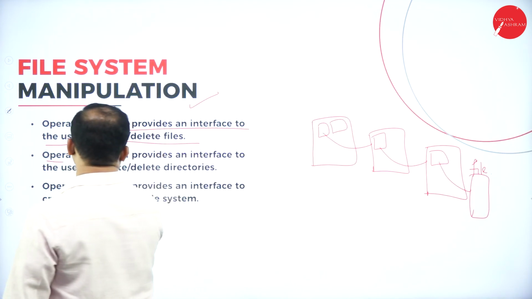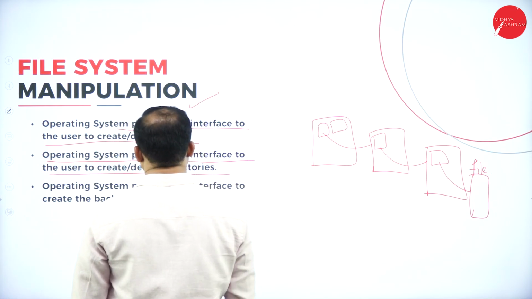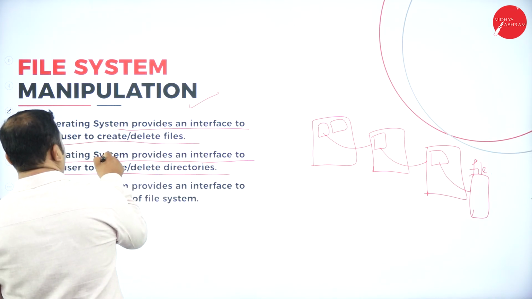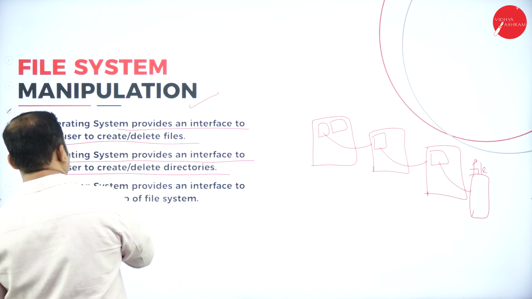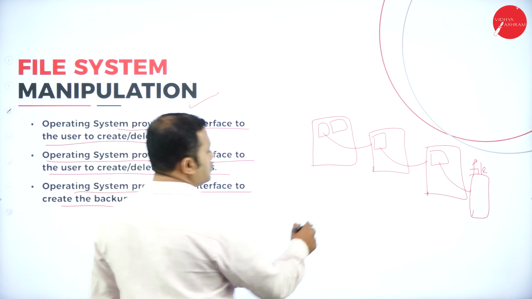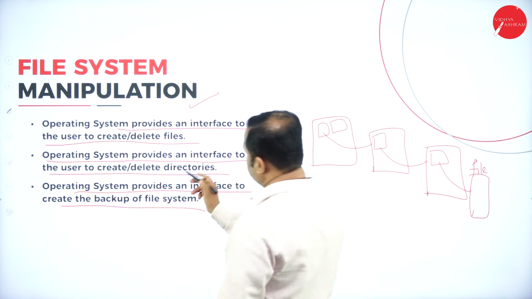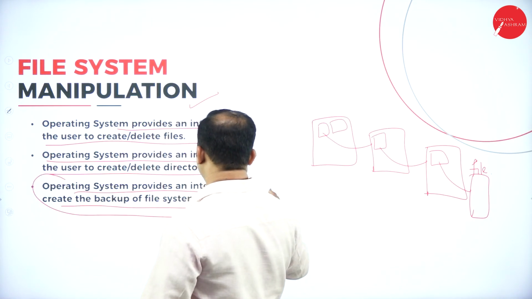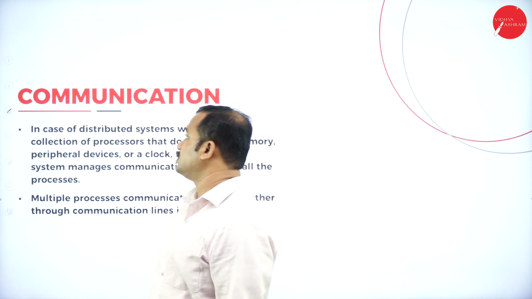The operating system provides an interface to the user to create or delete directories. Then create and back up the file systems. Once a file is deleted, we can take a backup of the deleted file. That is also possible with respect to the operating system. So the operating system provides these features to the users.